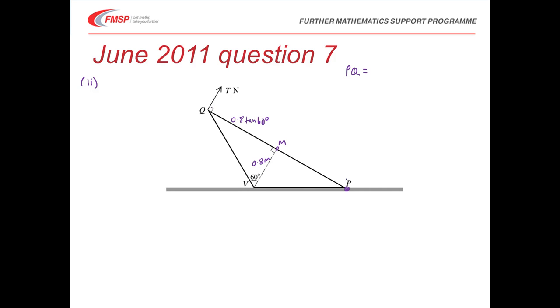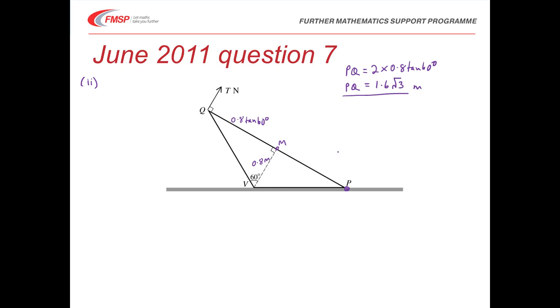So the total distance PQ is two of those, two lots of 0.8 tan 60 degrees. I'm going to use an exact version of that because 2 times 0.8 is 1.6 and tan 60 is exactly root 3. So without any loss of accuracy, that's the length PQ in meters.